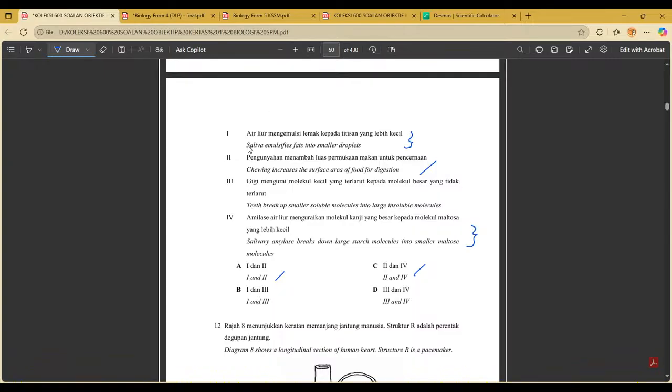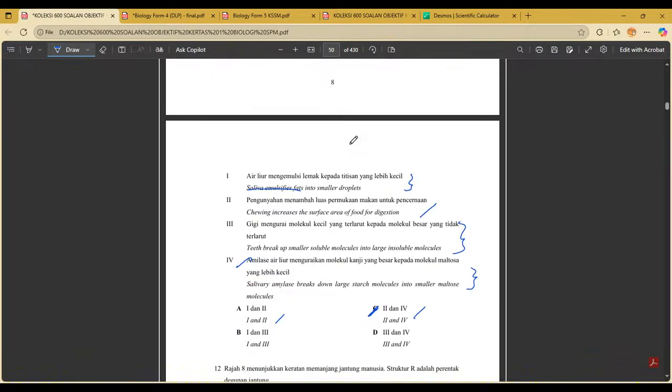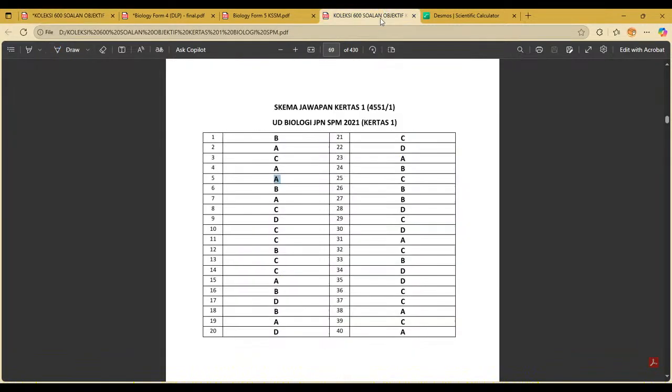I don't think saliva emulsifies fats, so I think it's four or one. Two and four. The teeth don't break up molecules. The teeth is just too big for that. Number 11 should be C. 11, yep, C. Yippee!